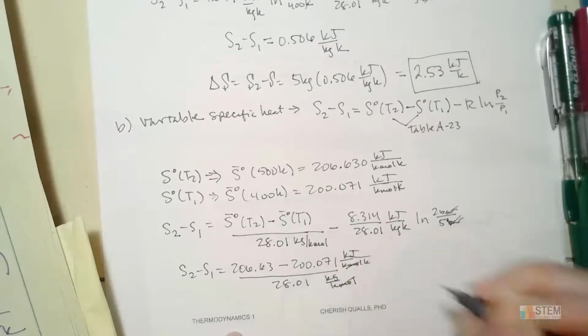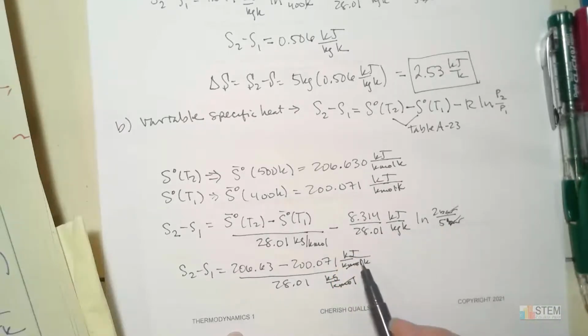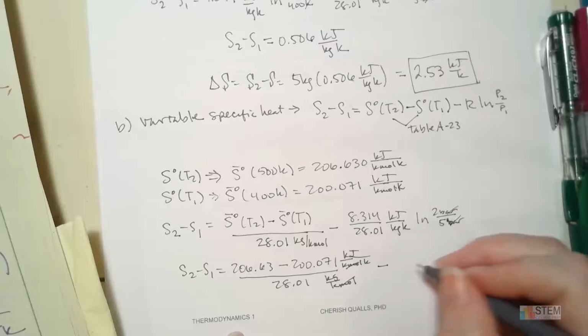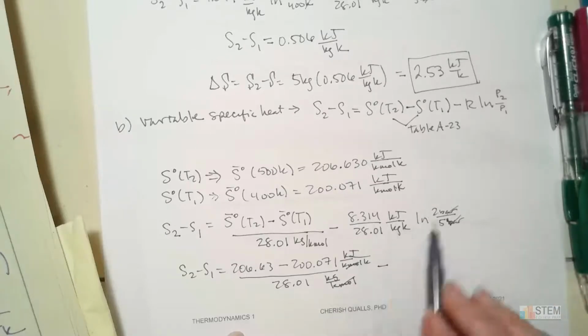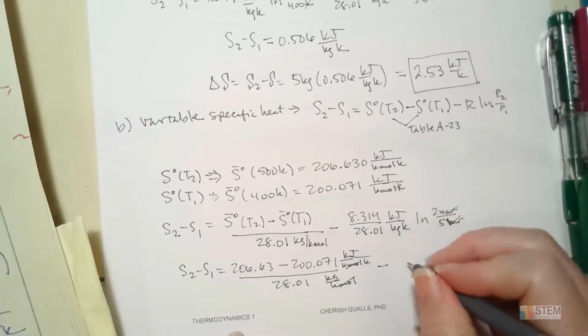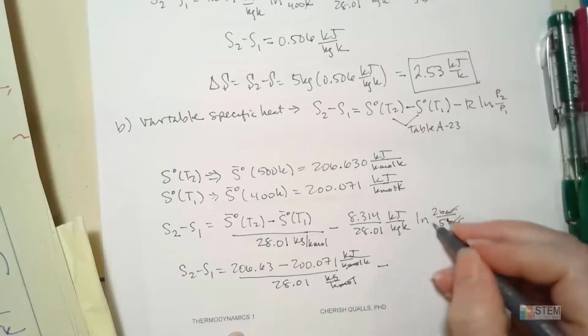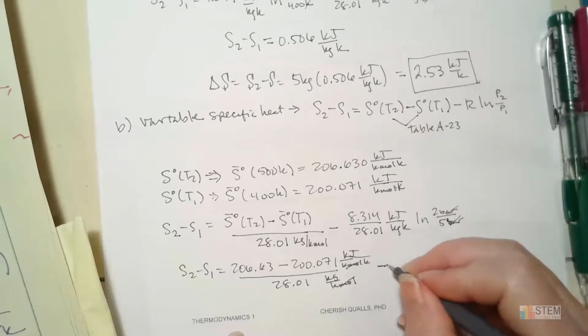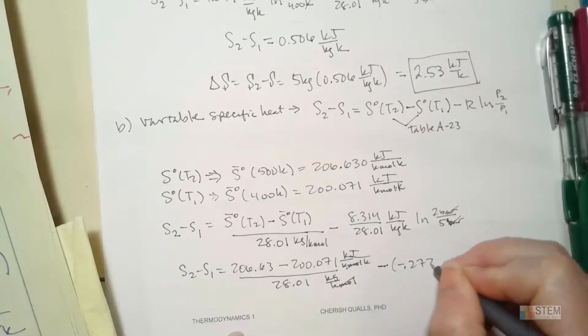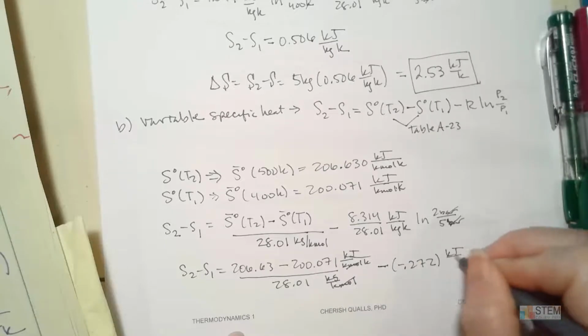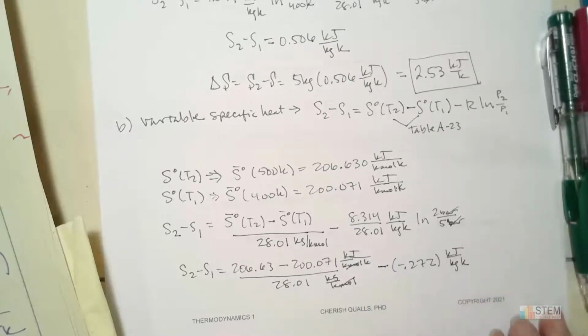So now the kilomole cancels. Now we end up with kilojoules per kilogram Kelvin for this term here. Then we subtract this term, all right? And when we do the natural log in the calculator, we're going to get a negative. So we're going to have minus negative 0.272 kilojoules per kilogram Kelvin.